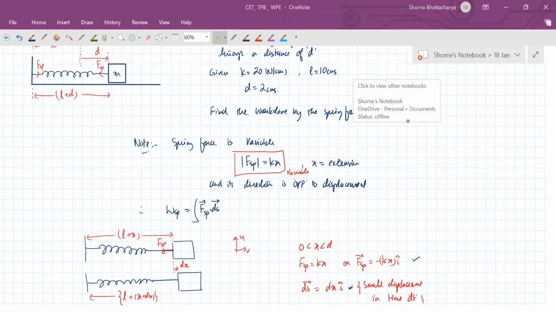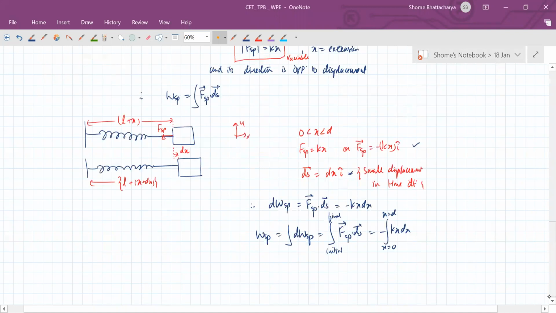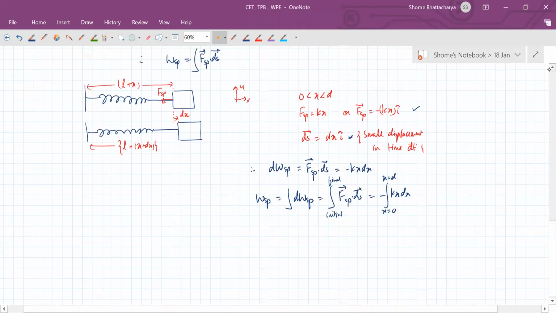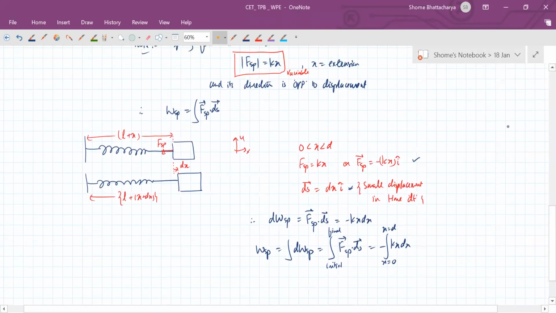Yeah, very good. So now you substitute the values. Okay. Spring constant K is given and the distance D is given. So you got the answer correct parametrically. Now just put the values. Okay. K was 20 newtons per centimeter. And the final extension D is 2 centimeters. So you can tell me how much the work done will be in joules.